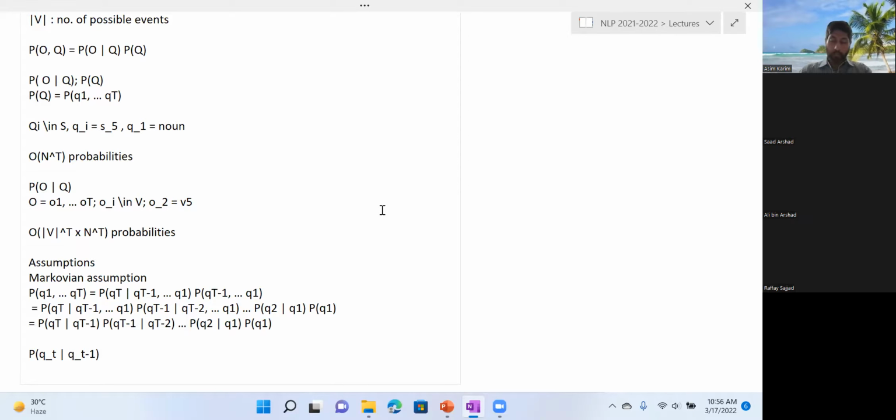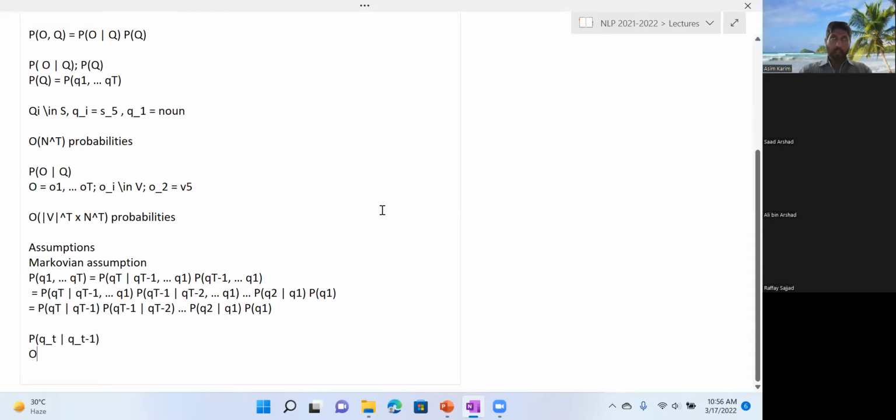So how many of these would we need? So big O. How many Qs do we have? We have n Qs. And then this n is for a particular Qt minus 1. How many Qt minus 1 do we have? We again have n. So essentially, this is big O n square.